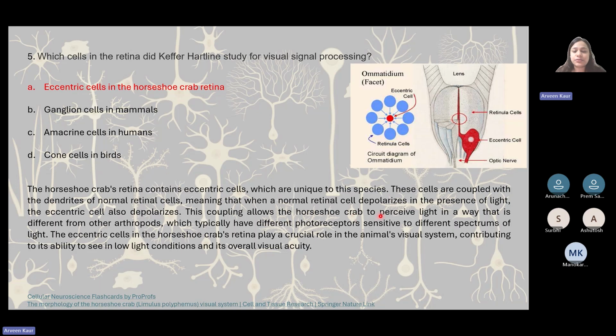This coupling allows the horseshoe crab to perceive light in a way that is different from other arthropods, which typically have different photoreceptors sensitive to different spectrums of light. The eccentric cell in the horseshoe crab's retina plays a crucial role in the animal's visual system, contributing to its ability to see in low light conditions as well as overall visual acuity.